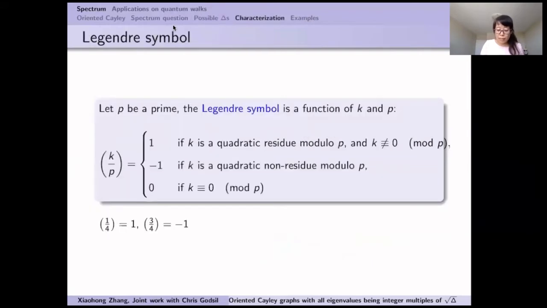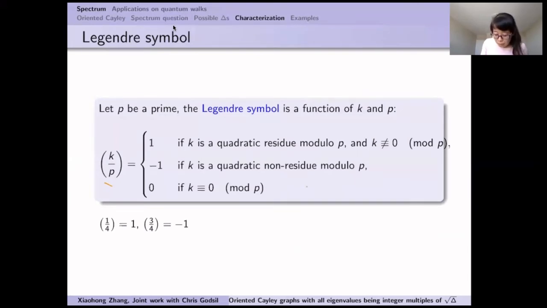Here, let's try to check the characterization for each delta. Before that, let's introduce some symbol, the Legendre symbol. P is a prime, and K is an integer. This symbol has only 3 possible values: 1, -1, and 0.